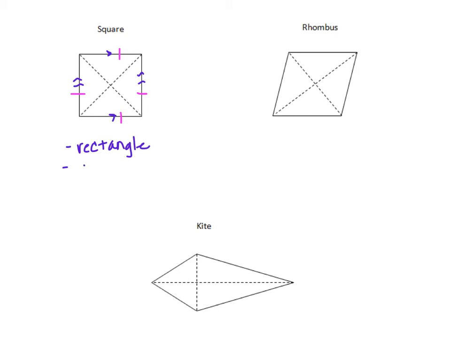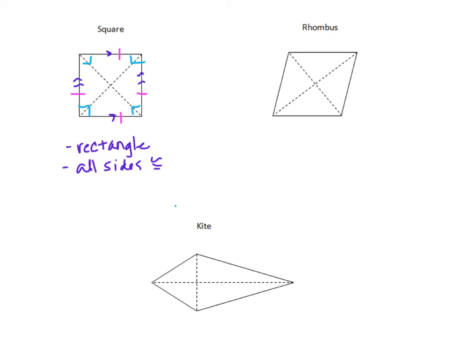So we're going to write all sides congruent. But following the rectangle properties, you've got 90-degree angles. And you also have congruent diagonals. So these diagonals are congruent, just like they are in your rectangles.